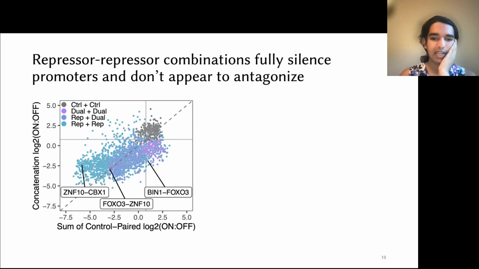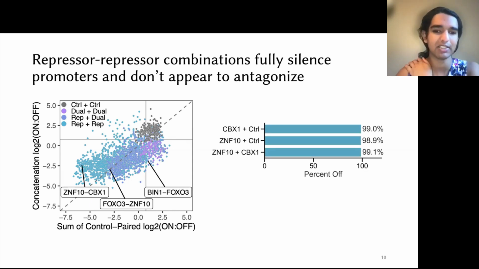And so while last time that tailing off behavior reflected real antagonism, here we wanted to know, okay, is this antagonism or is it just, again, in this case, saturation, because you can't silence more than everything? And at least with repressors, the answer was it's saturation. ZNF10, CVX1, both independently and together totally turn off all gene expression when we measured them in low throughput to verify.